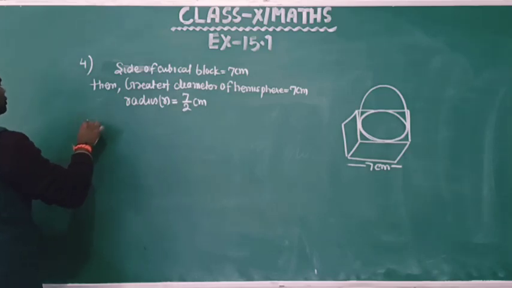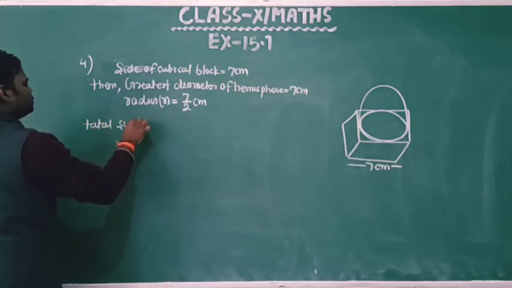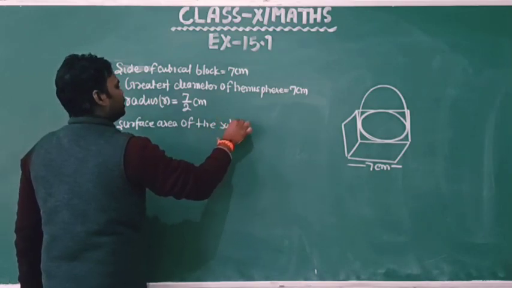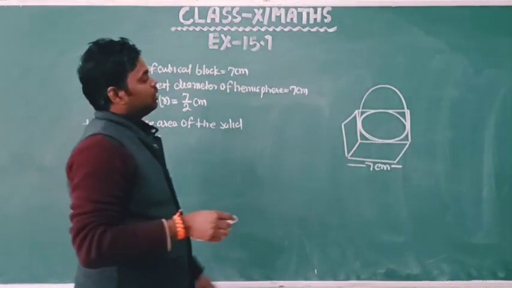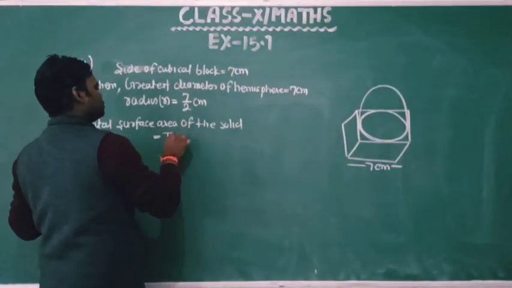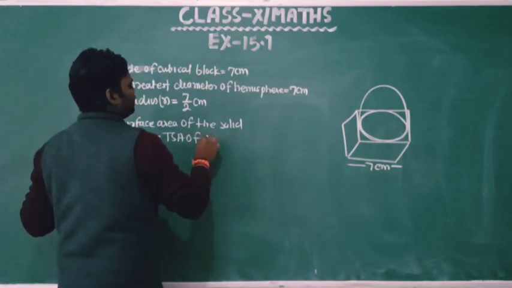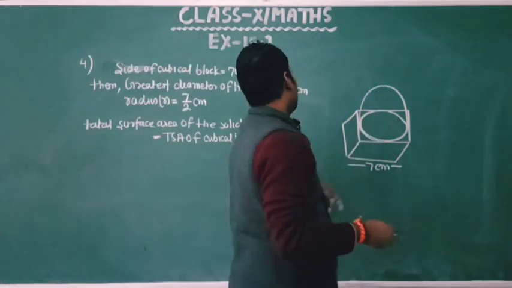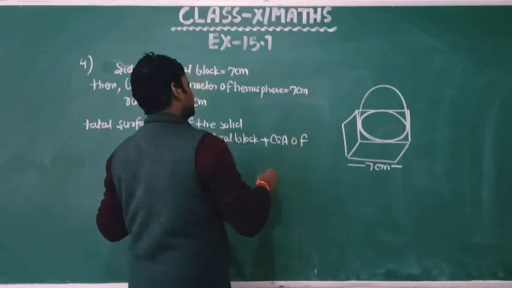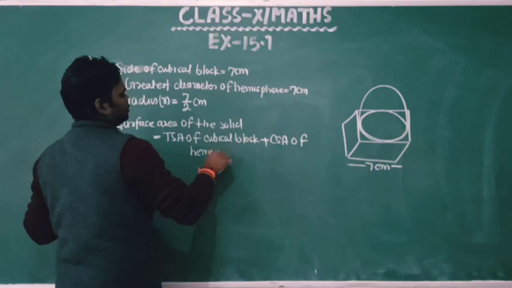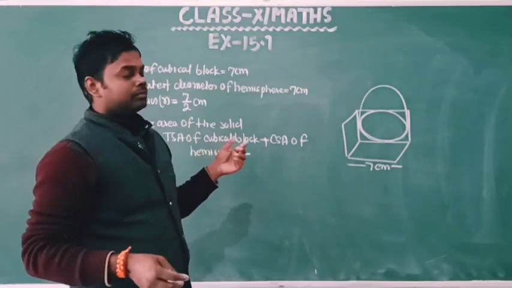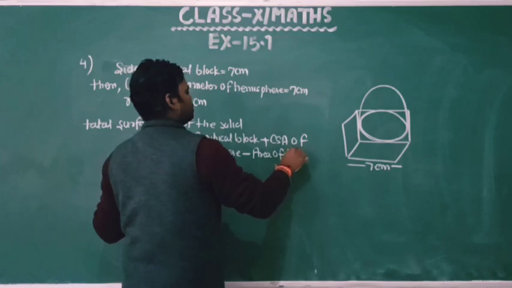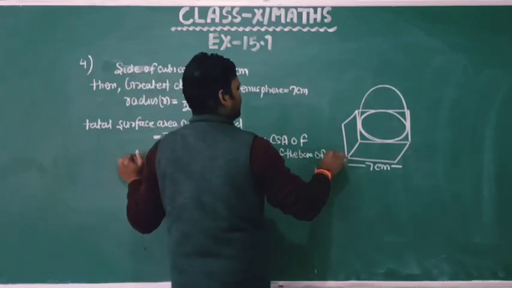The total surface area of the solid is calculated by the TSA of the cubical block plus the CSA of the hemisphere minus the area of the base of the hemisphere.